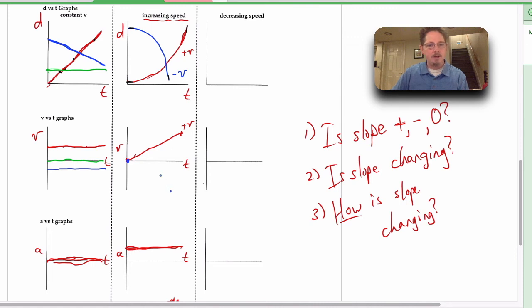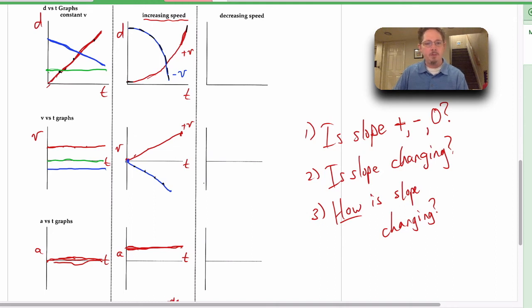So very negative velocity. And so we're seeing this as my slope gets more and more steep and negative, my velocity is getting more and more negative.